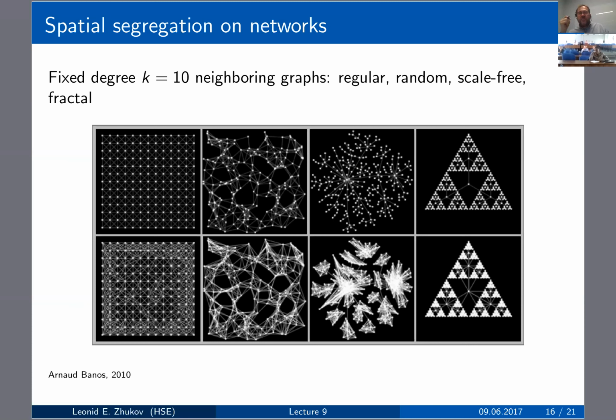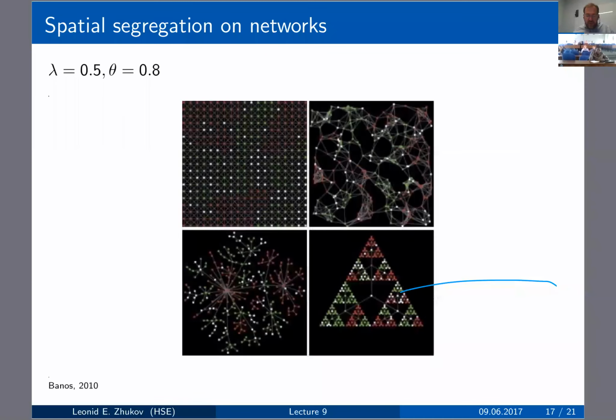So the question for the authors was, okay, we have a different underlying structure here. How would that structure affect the segregation pattern? Will it still lead to segregation? Or maybe with this type of structure, you will not have any segregation, or maybe it enhances it. So here is an answer. And actually, if you look at the paper, you will see more examples.